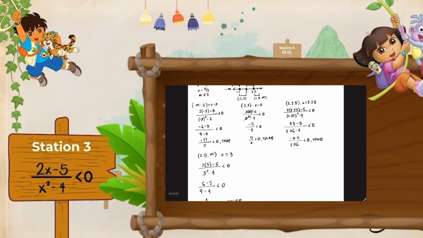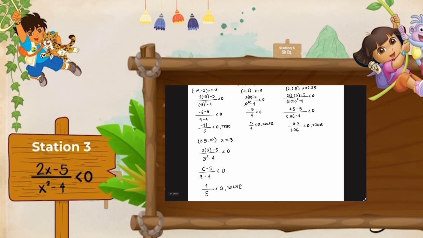The ordered pairs that became true are negative infinity to -2, and 2 to 2.5. Therefore, our interval notation is (-∞, -2) union (2, 2.5).